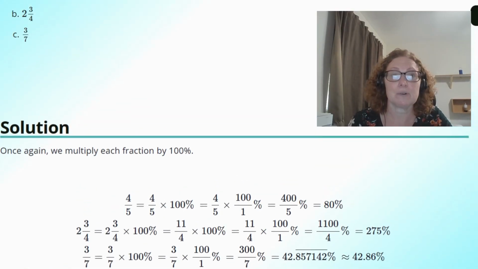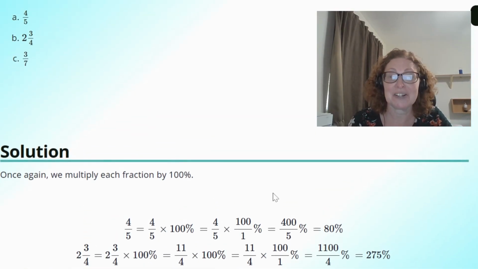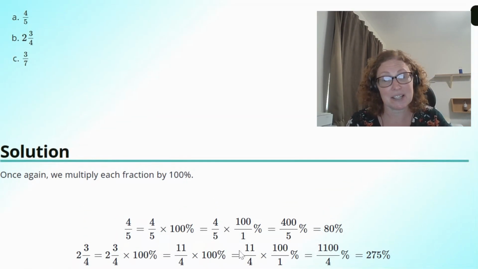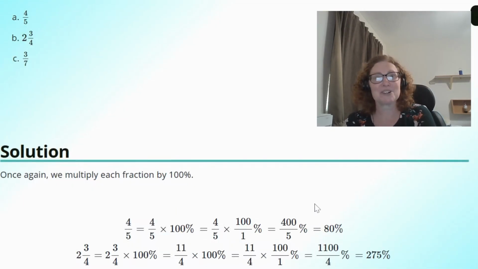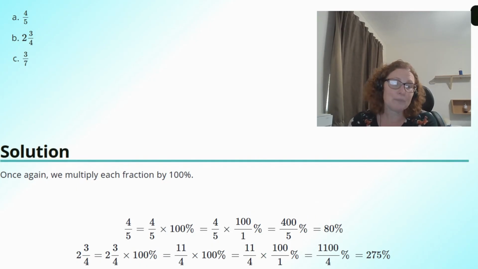So the first one was 4/5. 4/5 times 100%. We can change that 100% to 100 over 1, right? Because we understand that a whole number always is over 1. So when we do the multiplication, we have 400 over 5%, and then that becomes 80%.